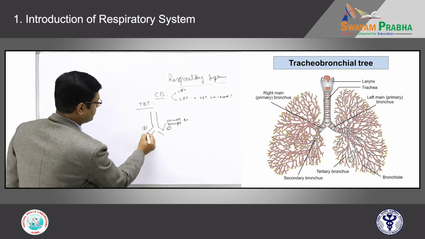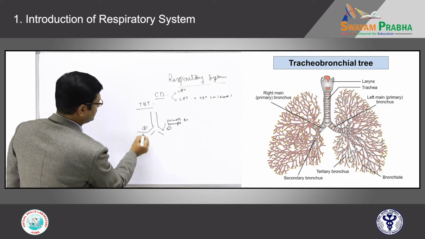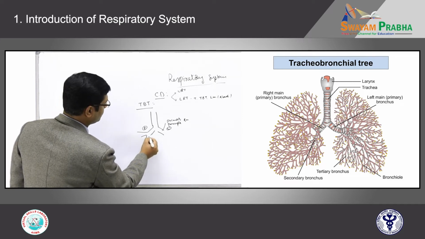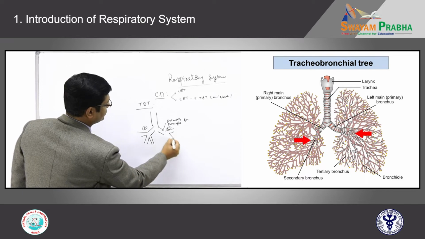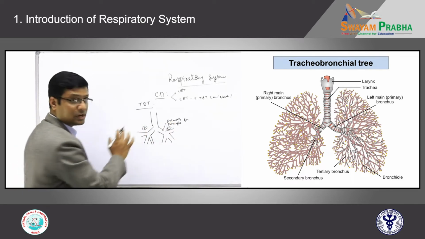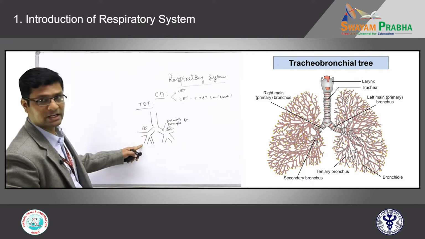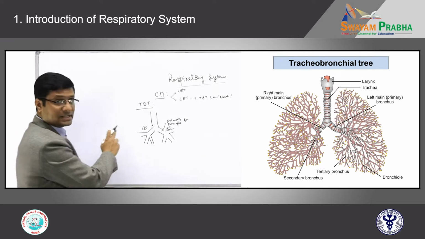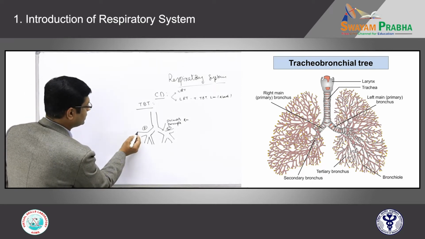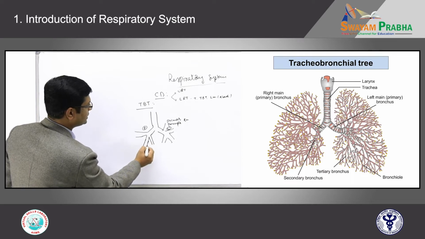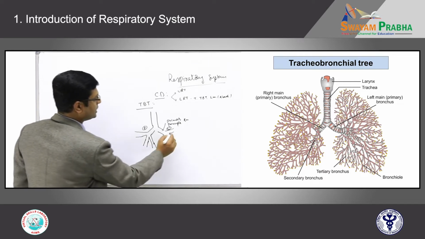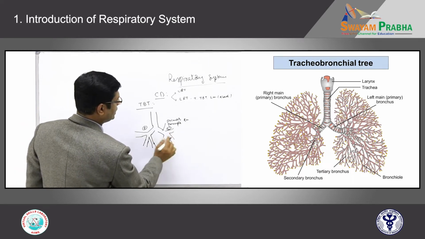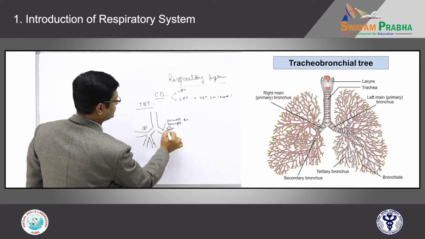These primary bronchi divide into secondary bronchi. Because the right lung has 3 lobes, there are 3 secondary branches which enter the right lung. On the left there are mainly 2 secondary branches.